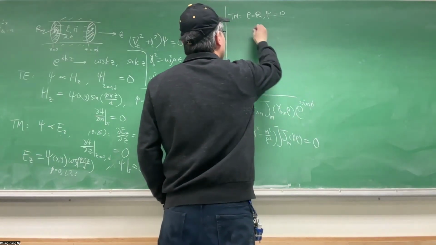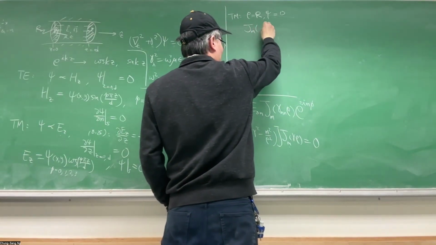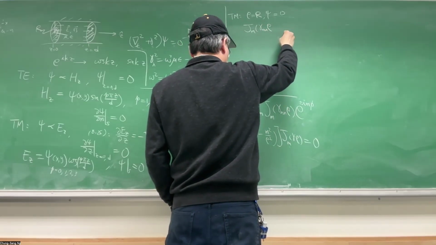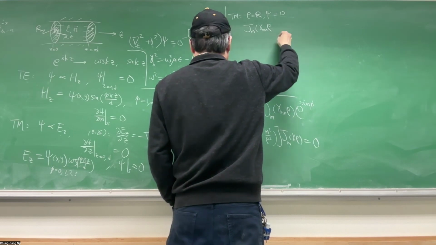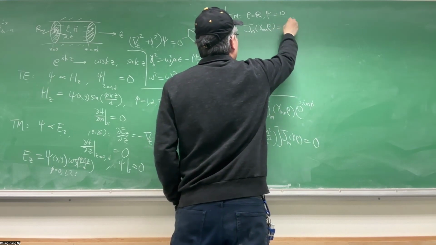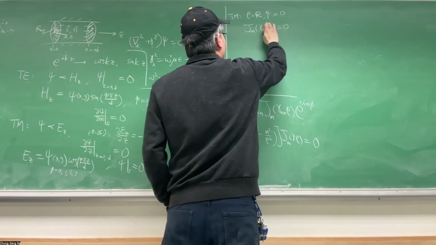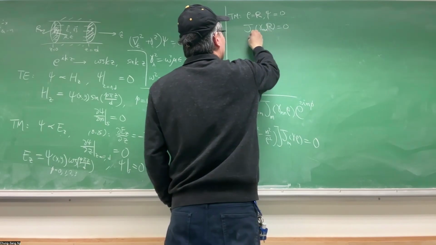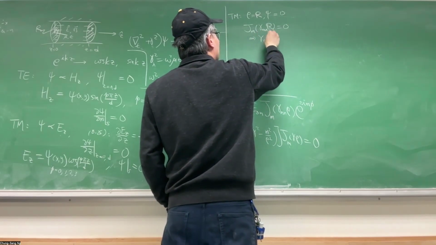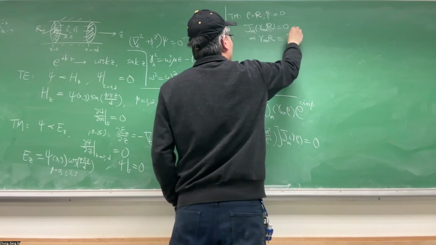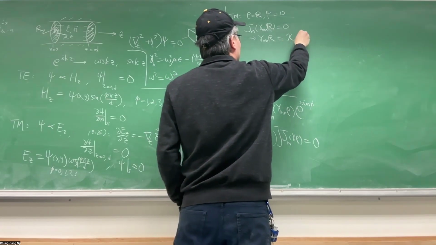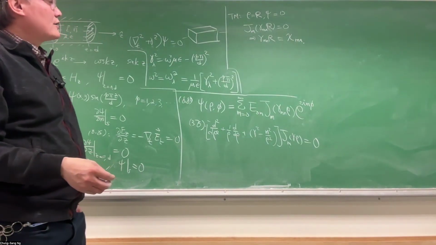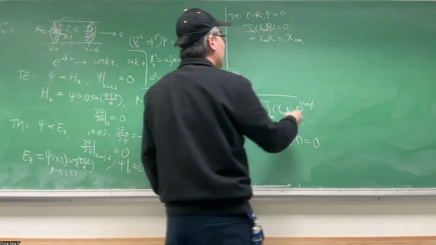It means that J sub m of gamma m rho equals 0. Actually, rho is r. It means that gamma mn times r is equal to what we define as x_mn. Those are the roots of the Bessel function J sub m.